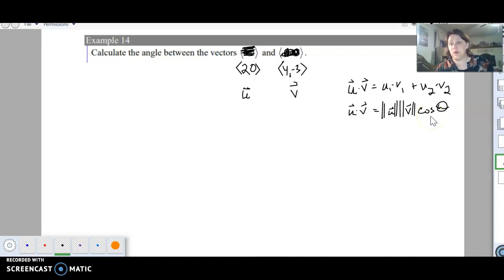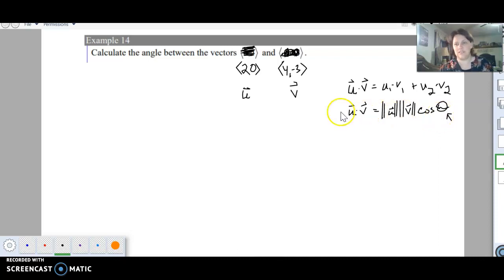All right, so this is what we want. We want theta. So to be able to solve for this theta, we need to know what the magnitude is. But we still don't have enough information just if we know the magnitude. We also need to know what the dot product is supposed to be equal to. So then we're going to have to use the formula up here to find what the dot product is, then plug that in here, also find the magnitude of the two vectors, and then we can find what cosine of theta is.